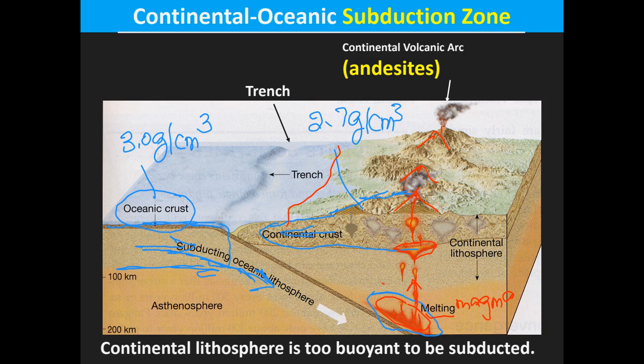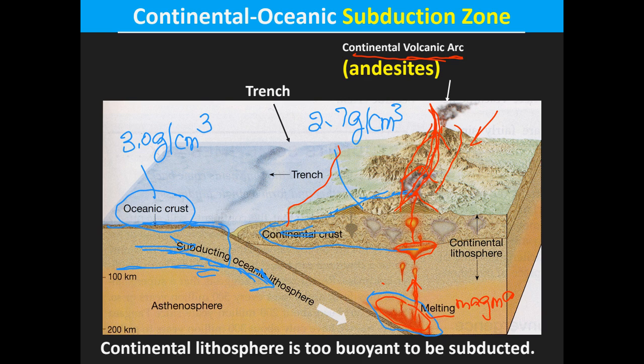These volcanic rocks here form a chain, a mountain, that is called continental volcanic arc. It's a little curved. That's why it's called arc. Why continental? Because they form on top of the continent. Why volcanic? Because these mountains are made of volcanoes. And arc because it's a little curved.